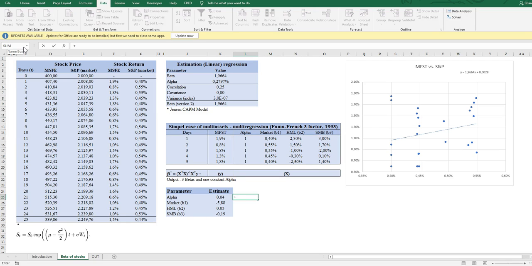So the beta is equal to the mmult transpose of X times X, and then we have to take the inverse of this, and the inverse of this we have to multiply.